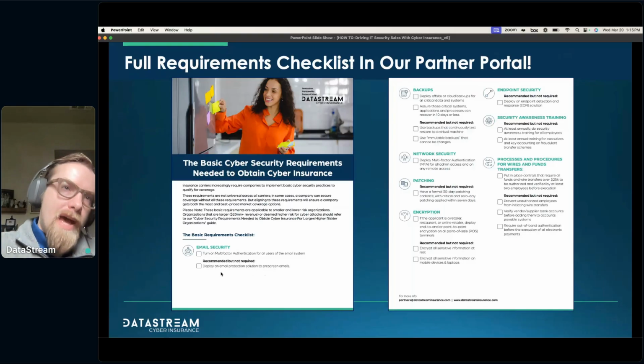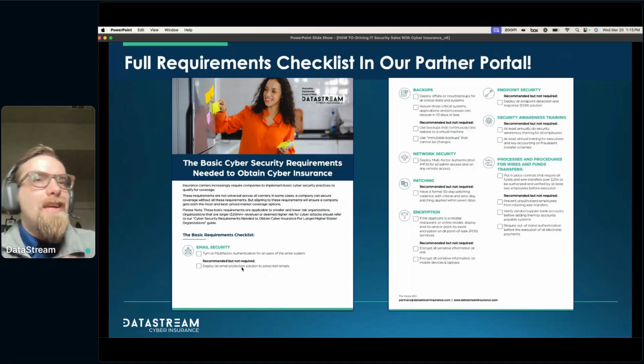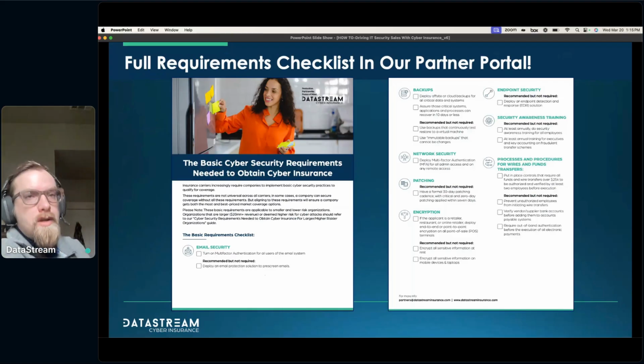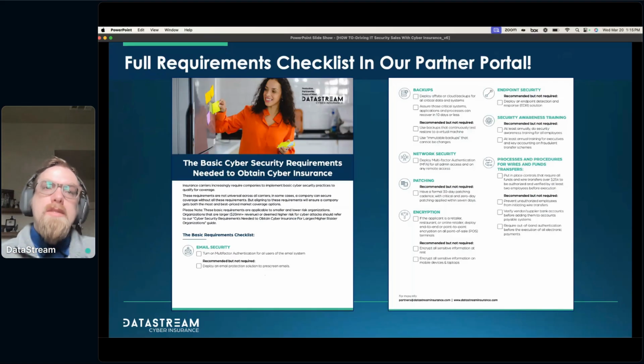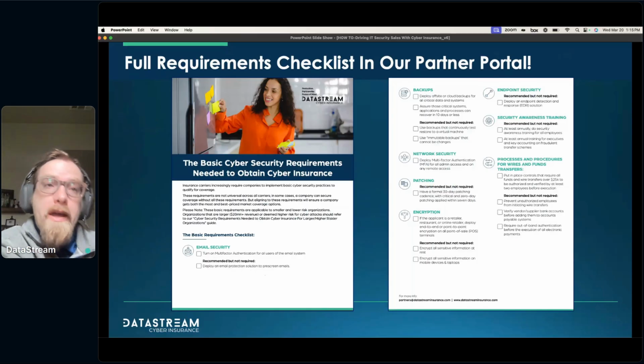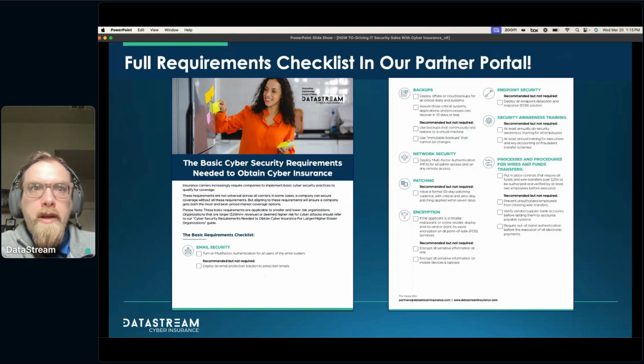That's why we're recommending this one. It's not necessarily an absolute hard requirement because, as I mentioned, you can move down the list and maybe find a carrier who doesn't have it as a hard requirement. But the better carriers, who are offering better pricing and better coverage, are requiring it.